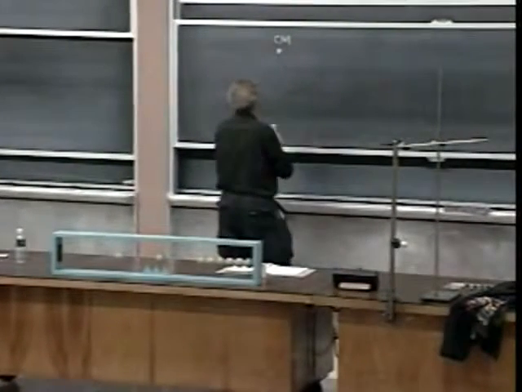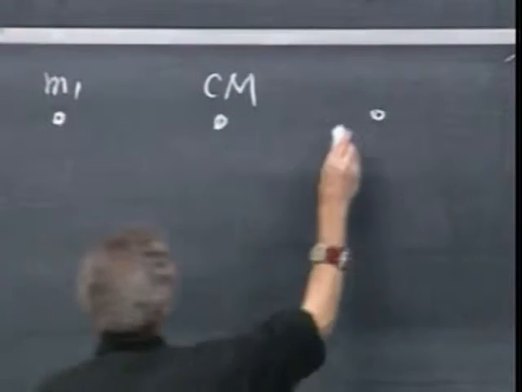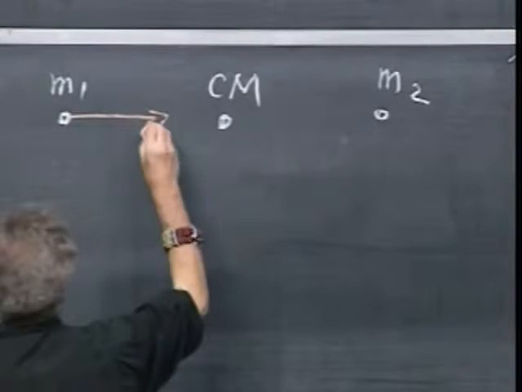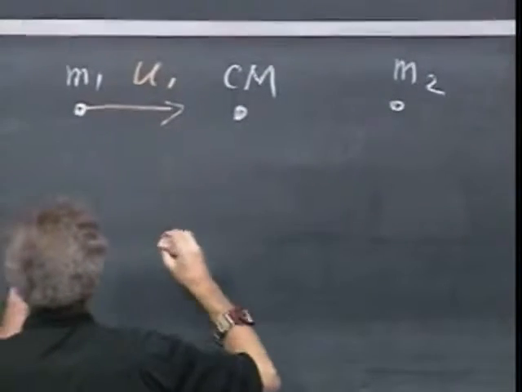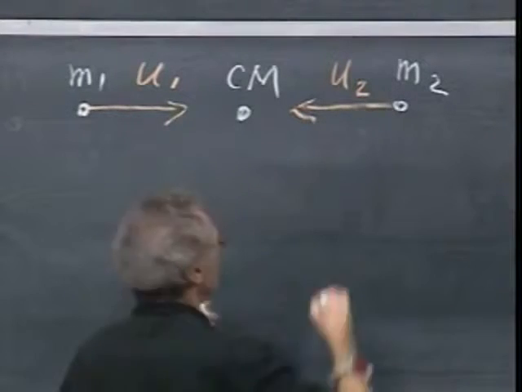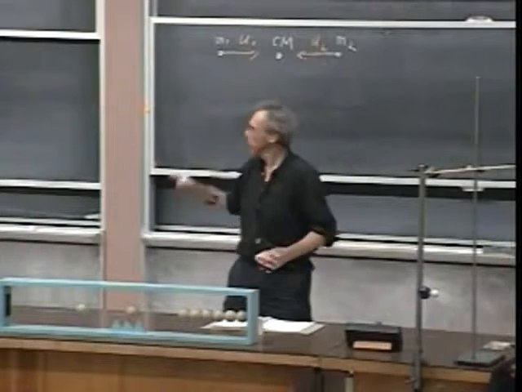First, we have a particle m1, and we have a particle m2. And let this one, in the center of mass frame, have a velocity u1, and this in the center of mass frame has a velocity u2. I give it specifically u's, so that you can separate the u's from the v's.